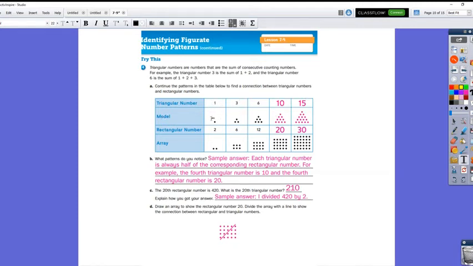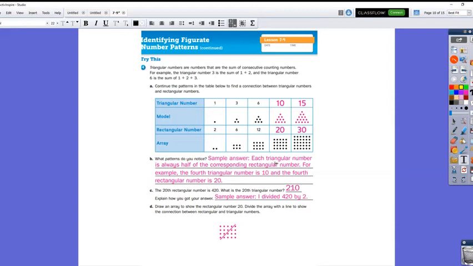And you can see in the model that you can put these numbers into triangular arrays. And then we have rectangular numbers, 2, 6, 12, 20, and 30. What patterns do you notice? Sample answer: each triangular number is always half the corresponding rectangular number.